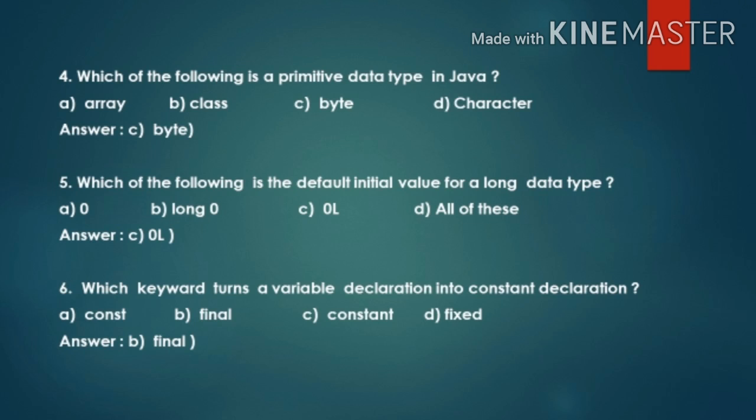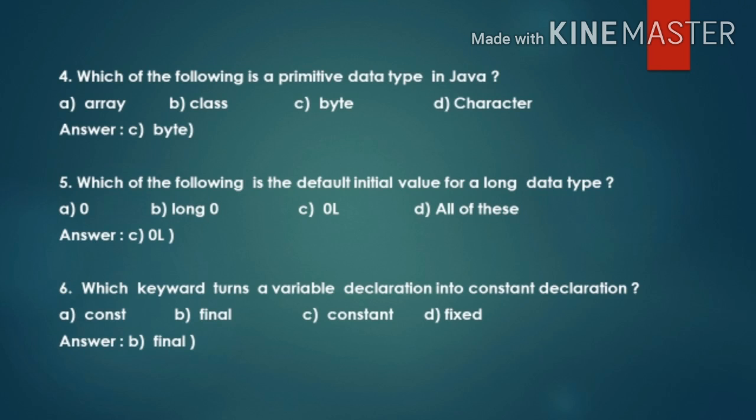Question number 4. Which of the following is a primitive data type in Java? The options are A is array, B is class, C is byte, D is character. The correct answer is C, byte. Question number 5.